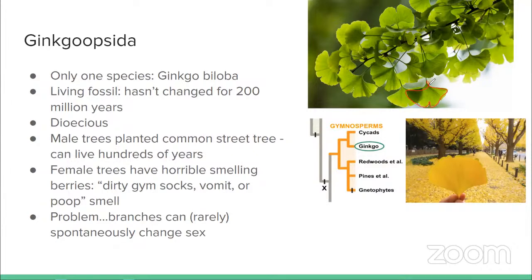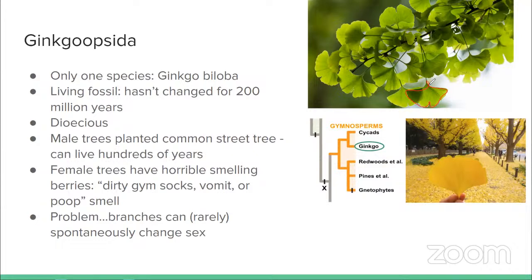Fun fact, because these leaves are pretty, they turn a pretty yellow and fall in the fall, they're a pretty commonly planted street tree. They can live hundreds of years, so you don't need to do much maintenance. You don't need to worry about these trees dying, replacing them. That's very convenient. What is inconvenient about them is that the female trees smell absolutely disgusting. Okay.